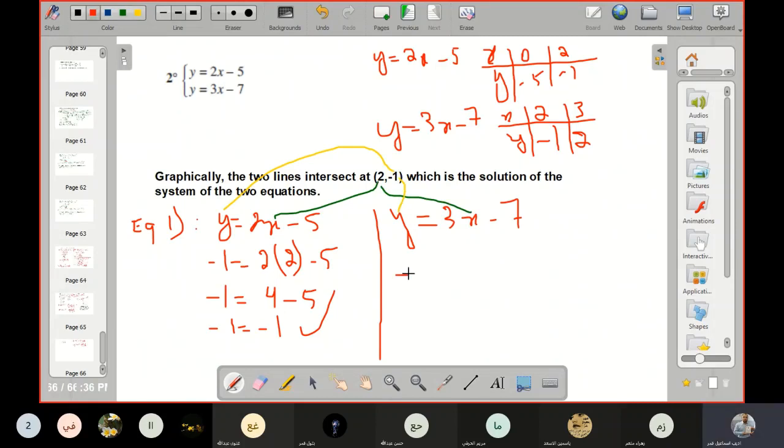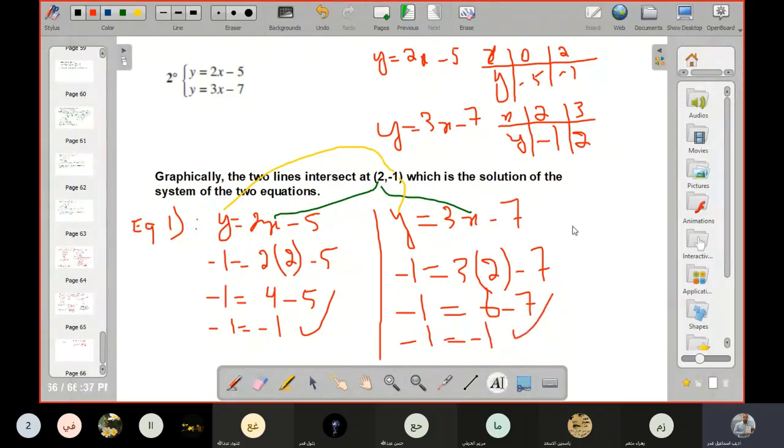So -1 equal 3 into x, which is 2, minus 7. -1 is equal to 6 minus 7, and -1 is equal to what? To -1, which is true.